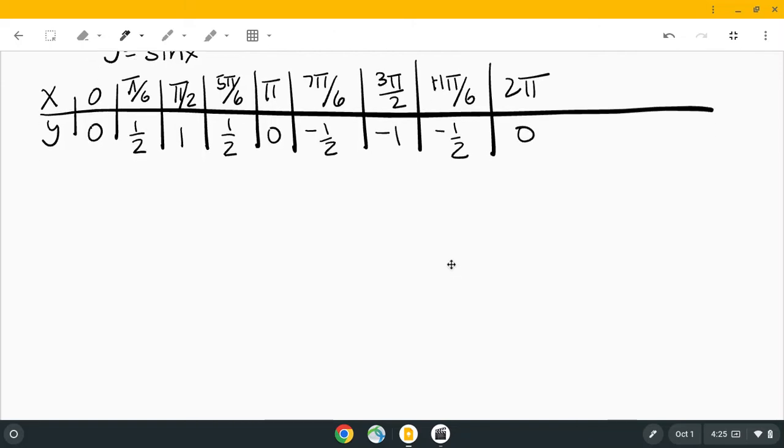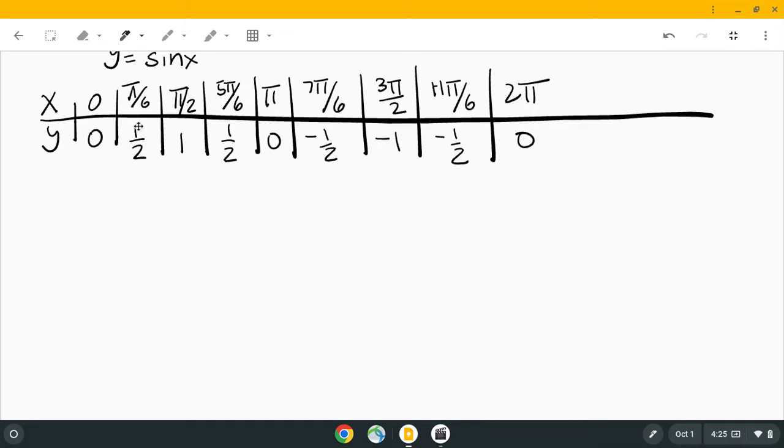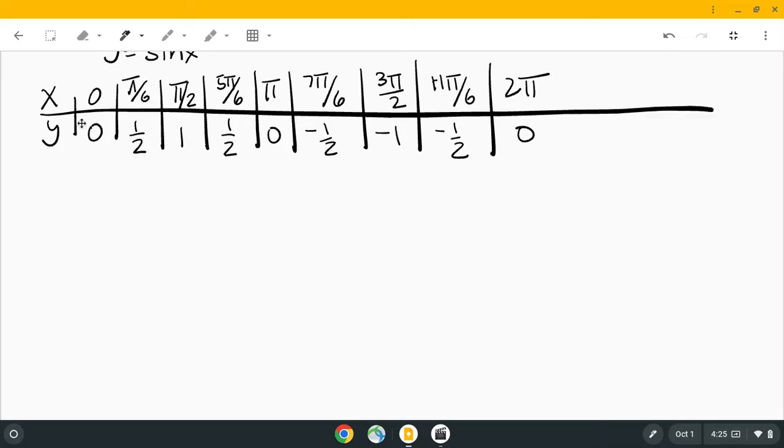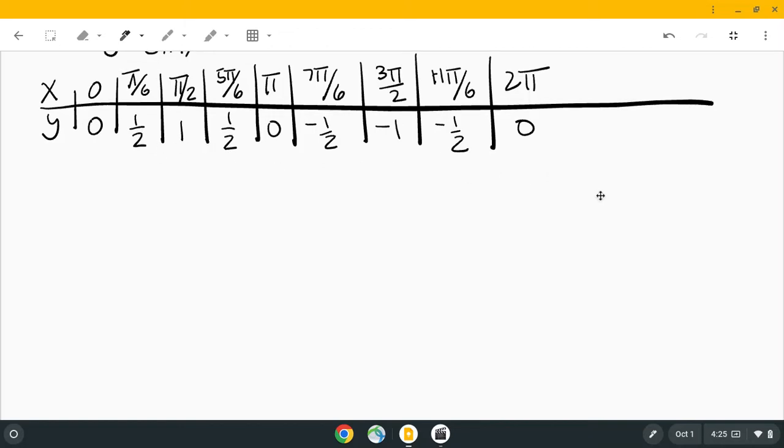Okay, so when we graph, I don't even use the pi over 6s here. So I pretty much just use 0, the ones where we get 0, 1, 0, negative 1, 0. Okay, but I am including all of these, the ones where you get 1/2, just so you can see.